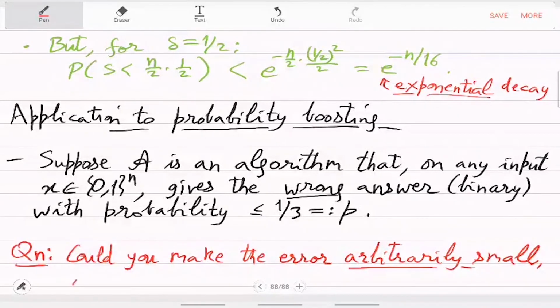So, say for concreteness, smaller than 1 over 2 raised to n. Okay, remember that already the input length is n and you are asking for the error to be exponential in that. From 1/3 you want it to be reduced to that much, which will be like 99.99999% of confidence in the answer. So, could this be done?